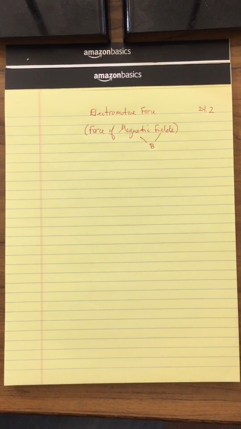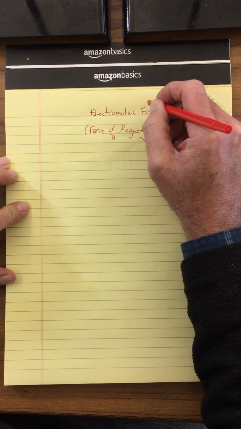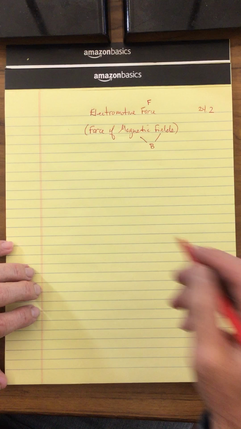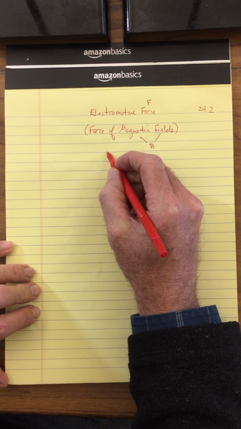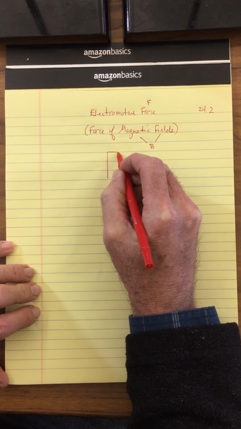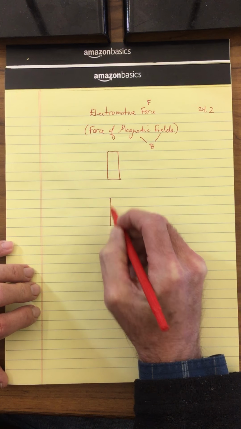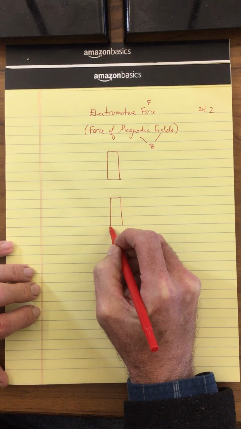So we have this electromotive force, and the force is going to be a capital F like this. And if you have two magnets, you can draw one kind of on top of the other like this. So here is going to be a bar magnet, and here is going to be another bar magnet.